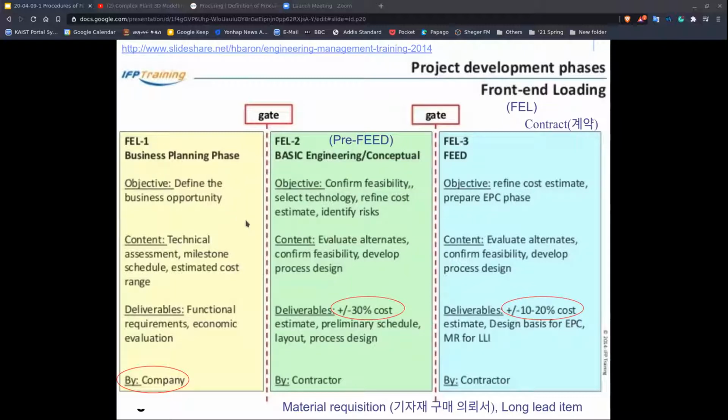Error rate is really a big part of a project, because this project is in terms of billions of dollars. So 20 or 30% cost is a lot. It's not a small amount of money. So it's really a big factor here. This is what the project development phase looks like, and then the FEED and pre-FEED part.